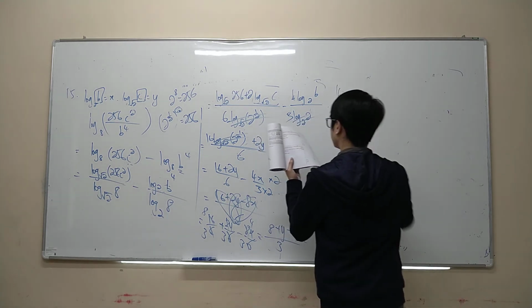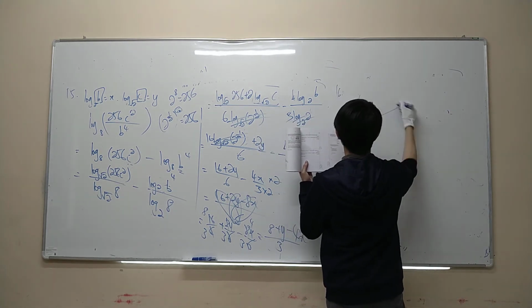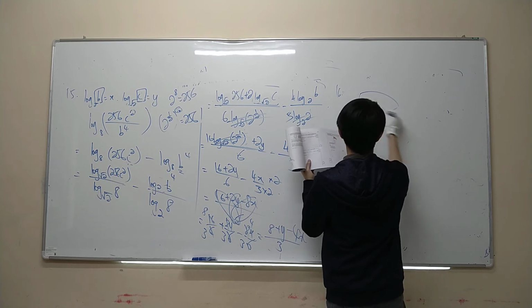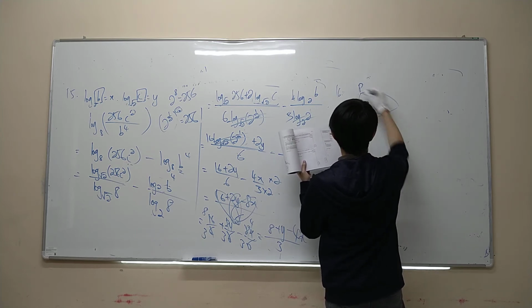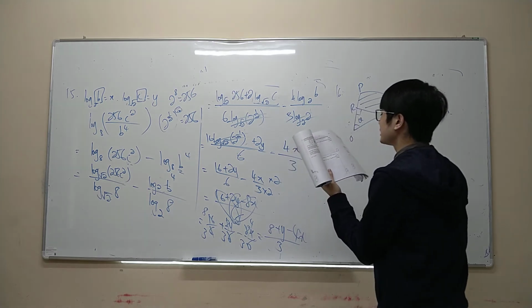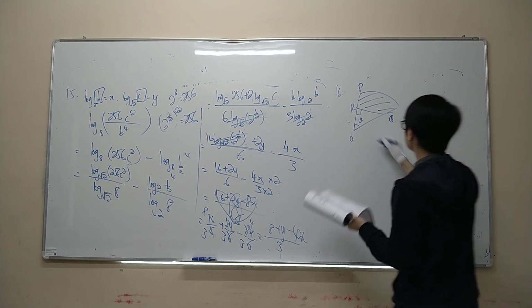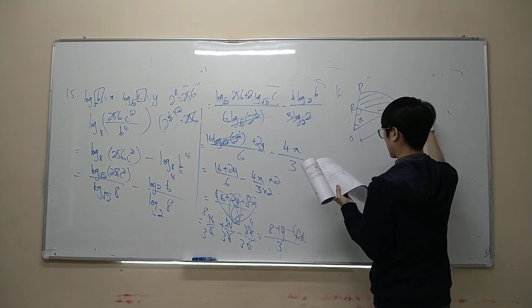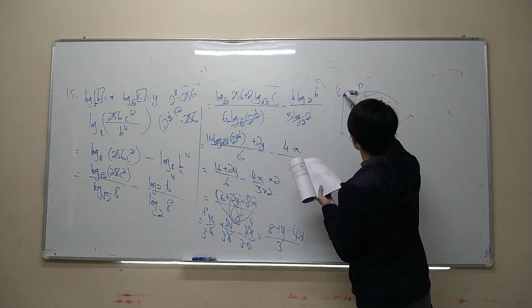Number 16. Let's draw it up first. Diagram 16 shows a sector POQ with center O and radius 10 cm. So radius 10, radius also 10.